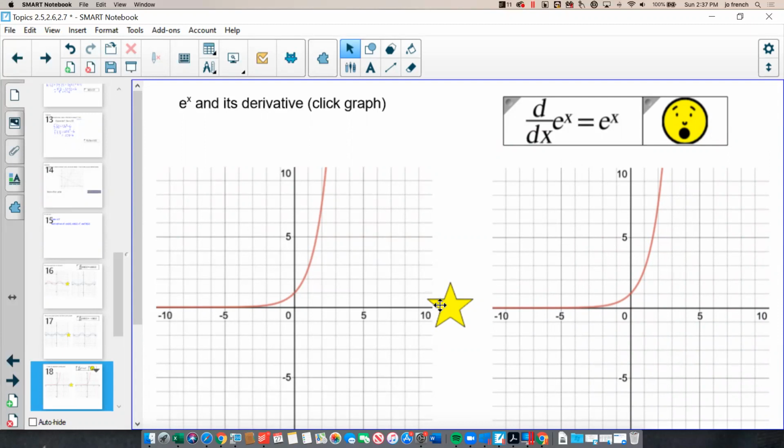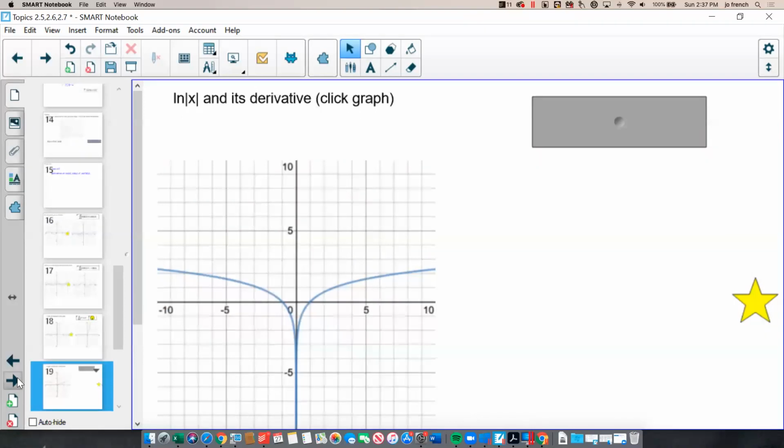All right, let's look at one more. The graph of the natural log of x, or actually the absolute value of x inside the natural log.